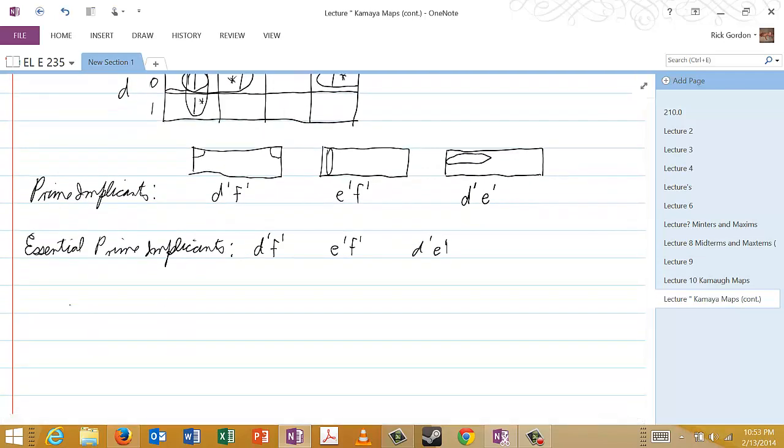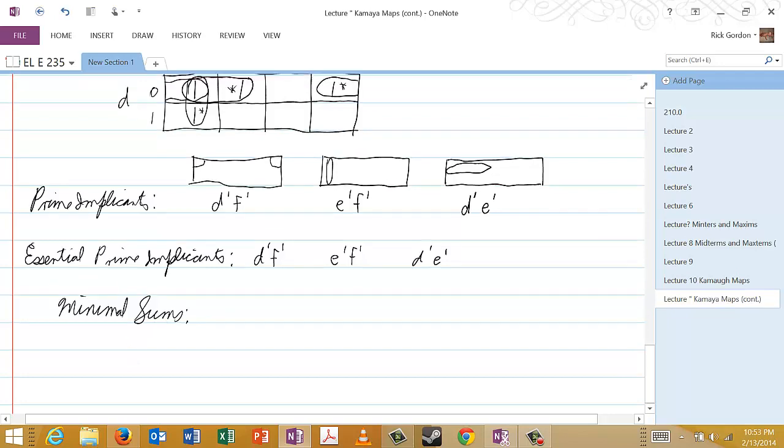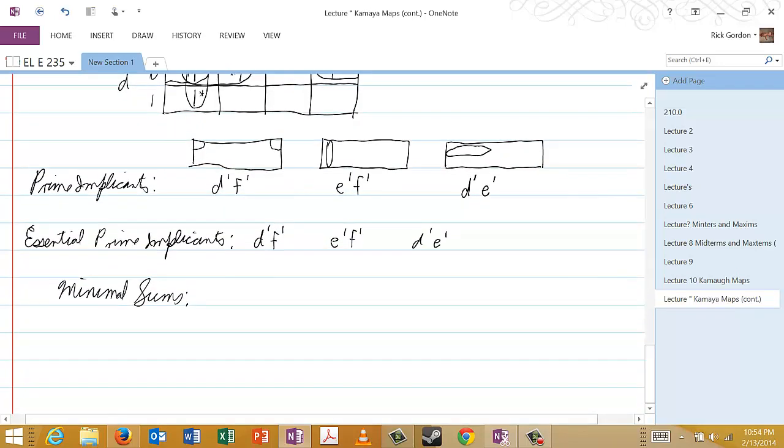And now we move, as we did before, to the minimal sums. And so the function name here is F2. We have F2 of D, E, F. And remember, we always start with what is essential.